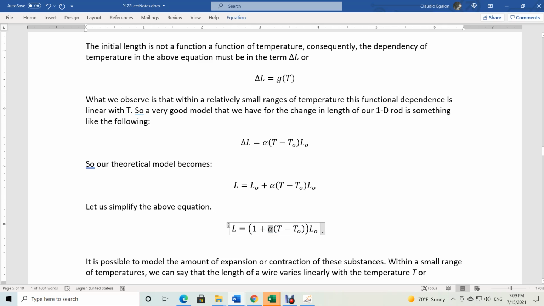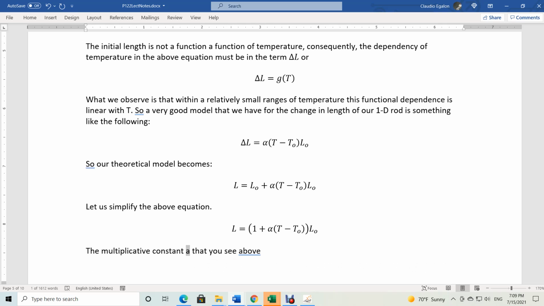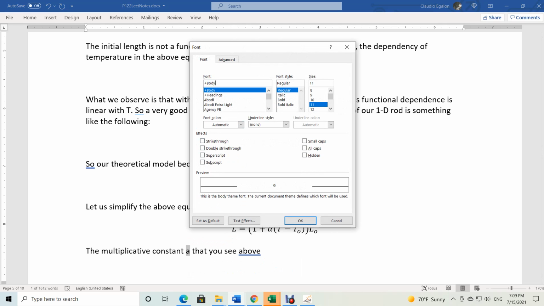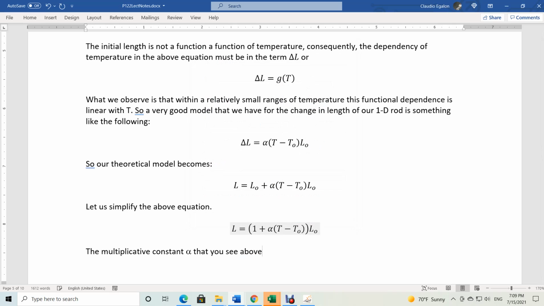The multiplicative constant alpha that you see above happens to have the following unit: 1 divided by Kelvin, or 1 divided by degree C, or 1 divided by degree Fahrenheit.